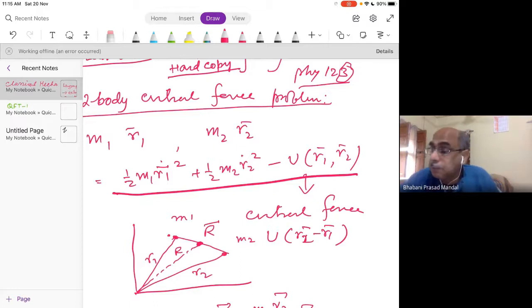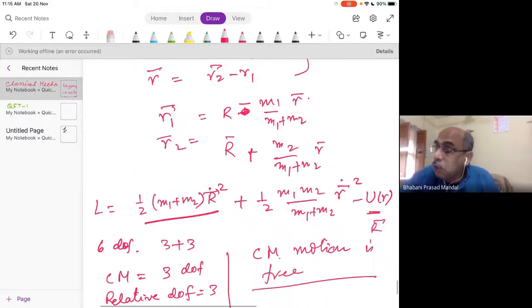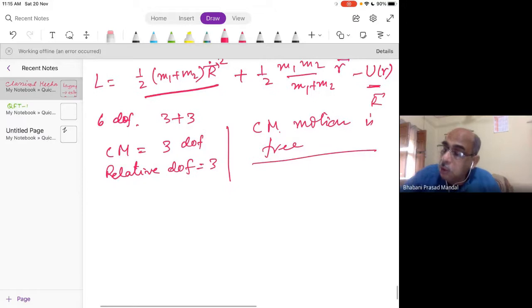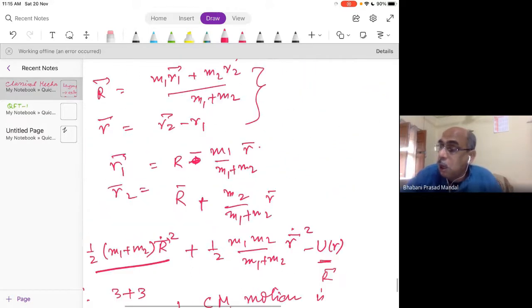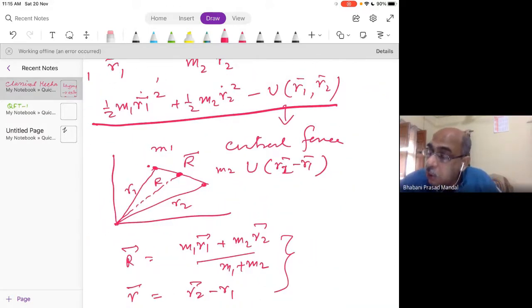But we are only interested in the motion of particle 1 and particle 2 through the relative coordinates. Okay. So if we ignore the center of mass motion, because it is a free motion, ignoring means we are not considering it. How can you ignore it? Just take your coordinate system here. So instead of choosing your coordinate system at 0 0 here, you just choose your coordinate system at the center of mass. Okay.